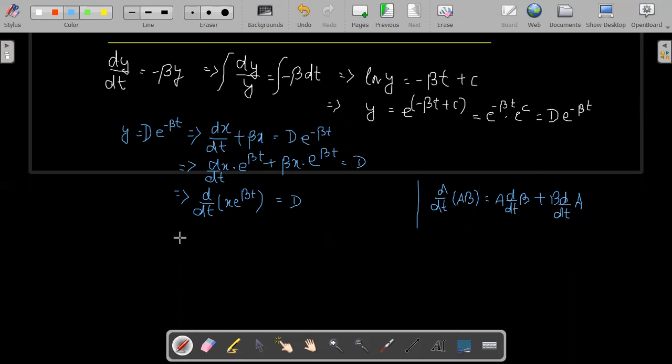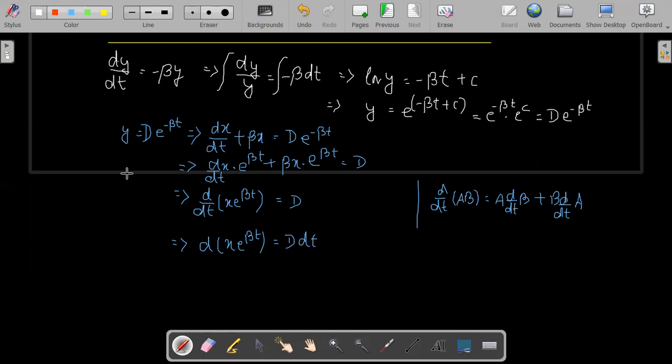So now we have this term, and what we can do now is take d of x e to the power beta t is equal to capital D, which is a constant, and just multiply it with dt.